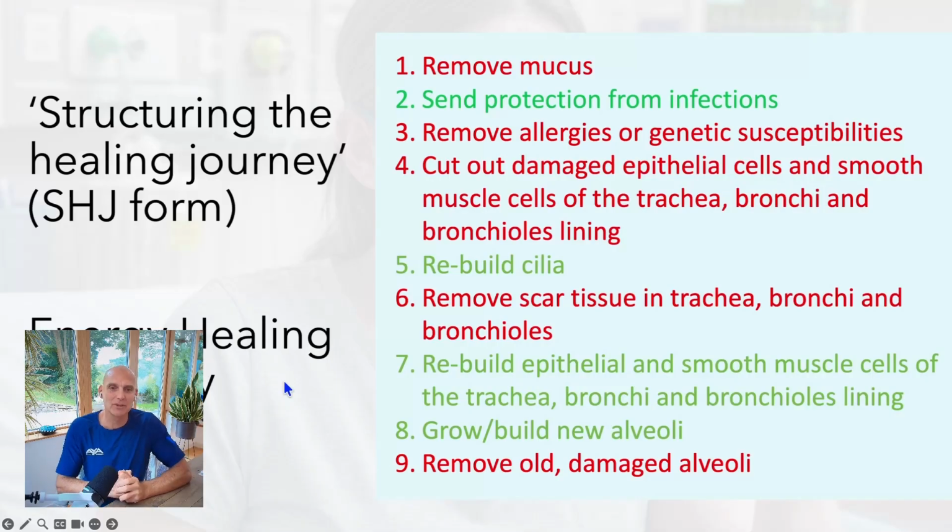And then nine, we want to remove the old, damaged alveoli. That is what we write in the Structuring the Healing Journey form. And that is pretty much the same for any case of severe asthma, so we can copy and paste. We can do the same thing again and again if the condition is the same.